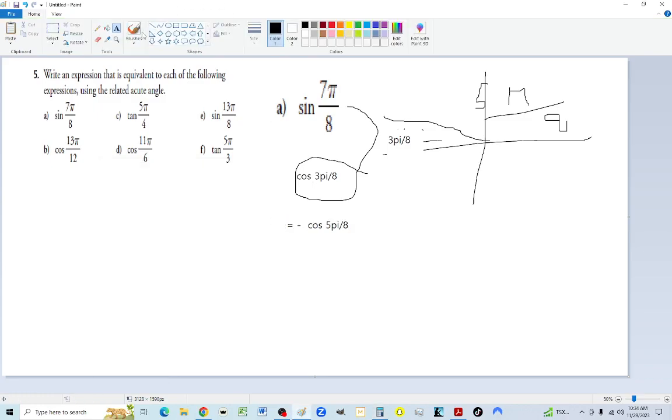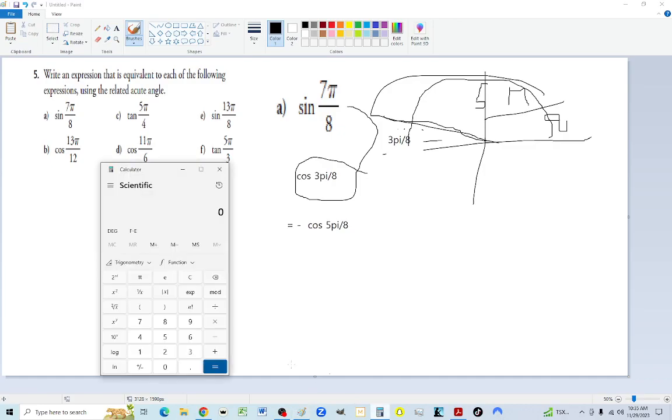If this is the acute angle, and that's 1 pi to get to there, 3 pi over 8 should be the same as 5 pi over 8, except negative. What am I doing wrong here? 5 times pi divided by 8 equals cosine. Now I'm getting something weird. I wonder what I'm doing wrong there.